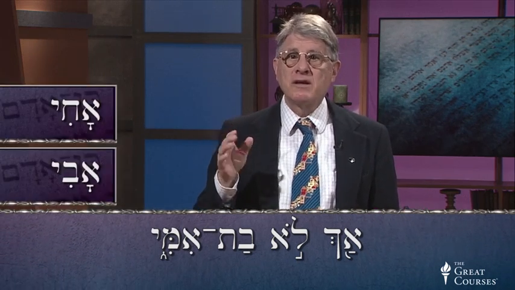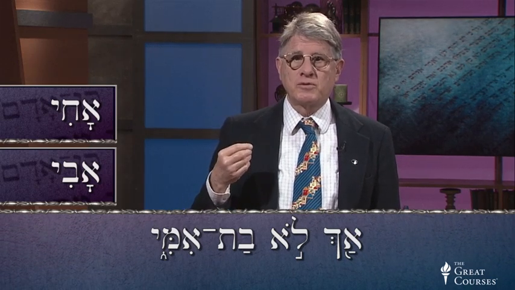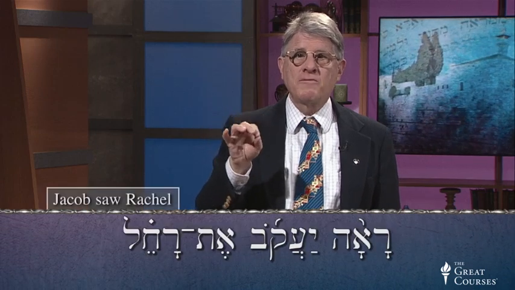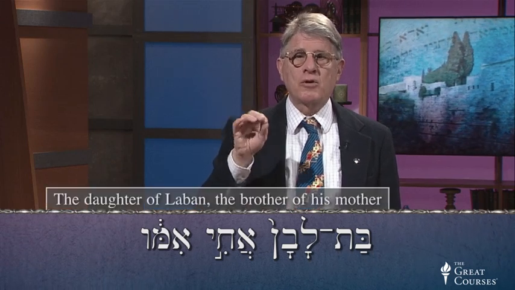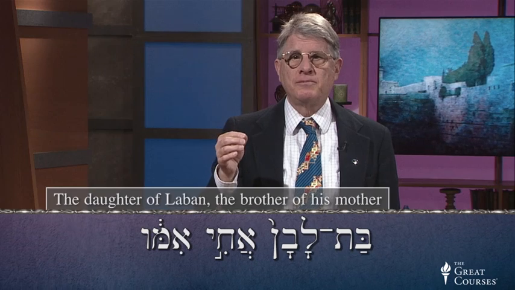But avi and achi, spelled differently, are also the construct forms of those words. In Genesis 29:10, Ra'a Yaakov et Rachel, bat Lavan achi imo, the daughter of Laban, the brother of his mother.